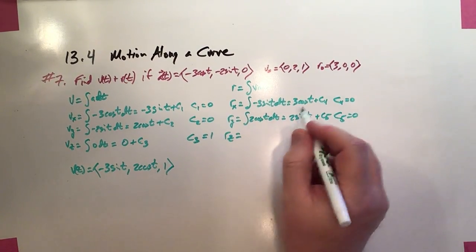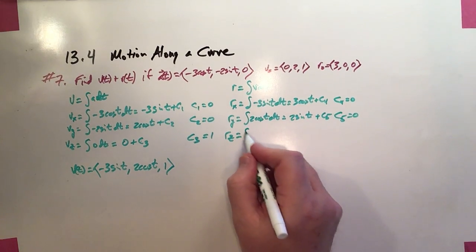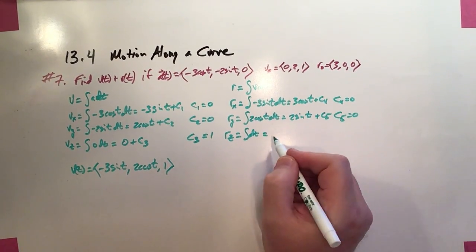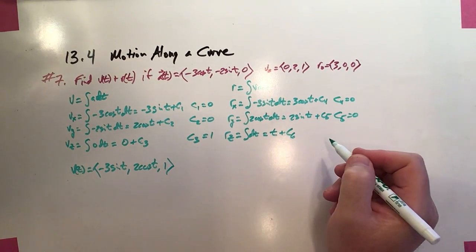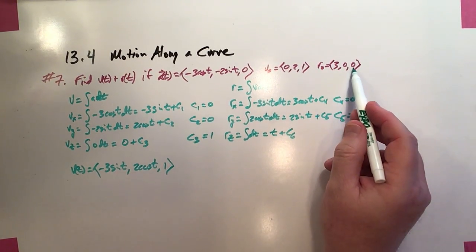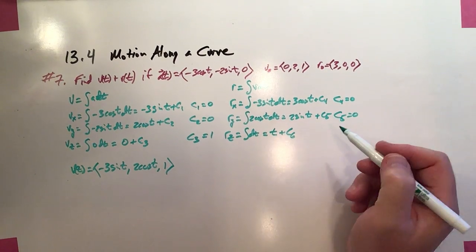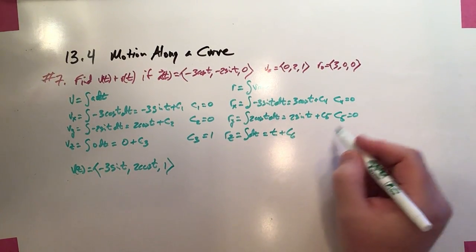rz is the integral of 1 dt. That's equal to t plus c6. r naught is supposed to produce 0, which it already does, so c6 is 0.